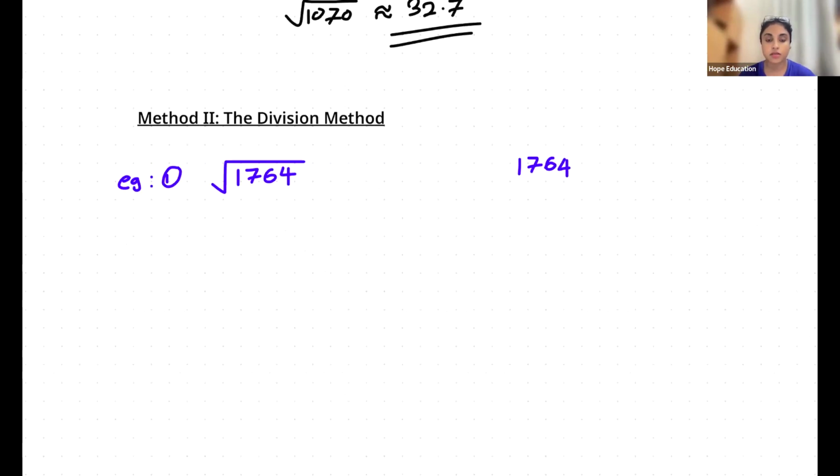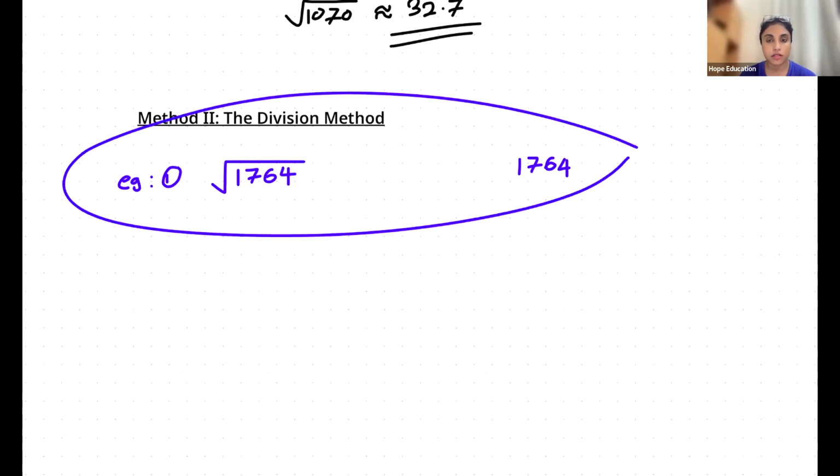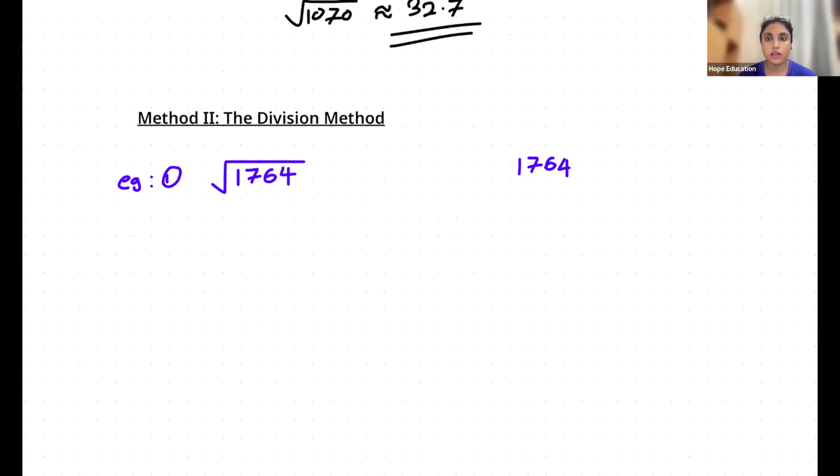Can you see this part? Can you see the part I'm rounding? No. Why would that be?